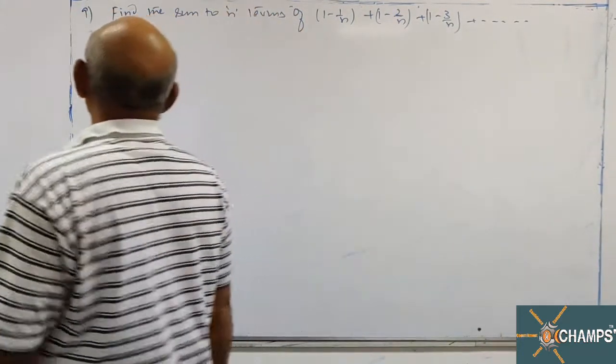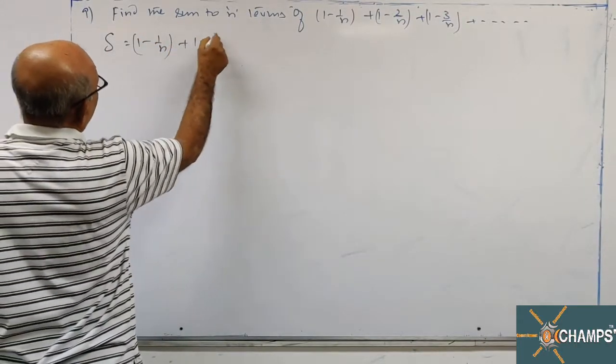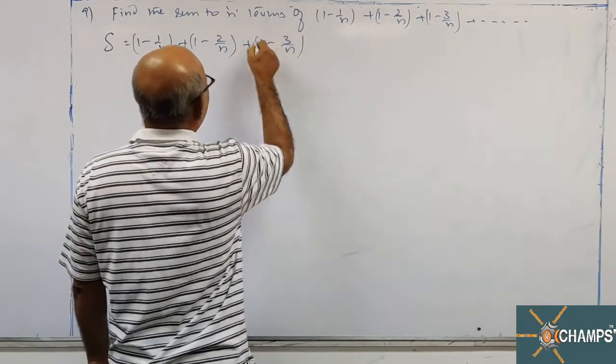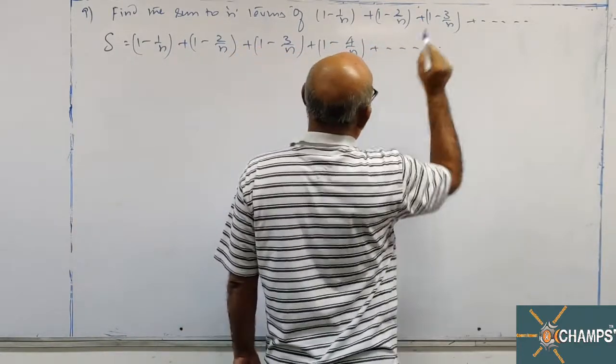Now S is equal to 1 minus 1 by n plus 1 minus 2 by n, 1 minus 3 by n, 1 minus 4 by n plus etc.